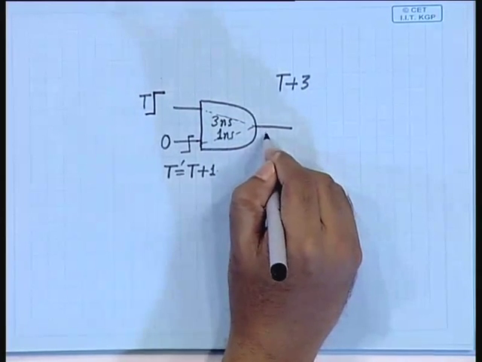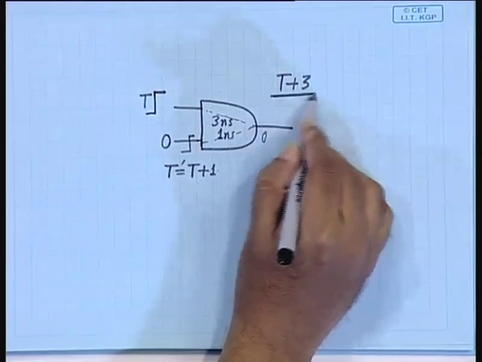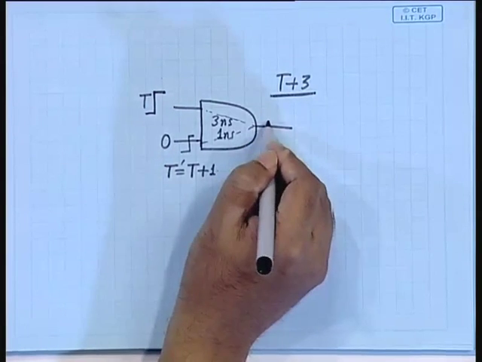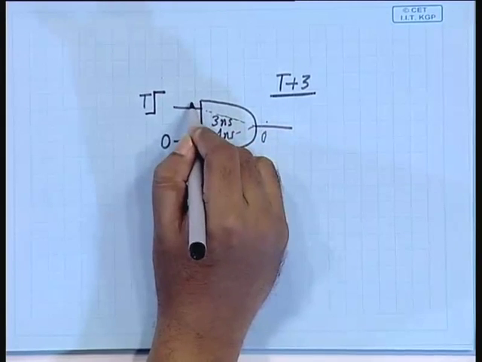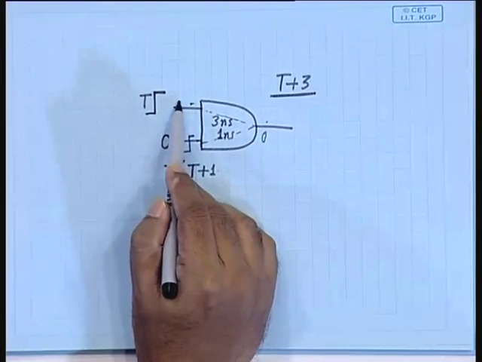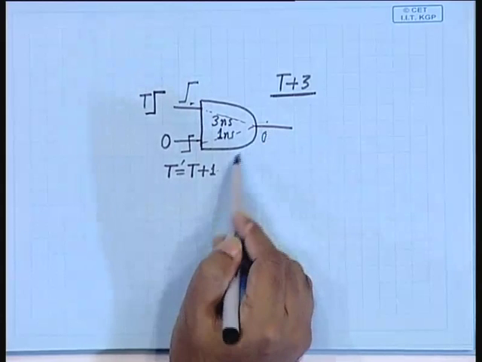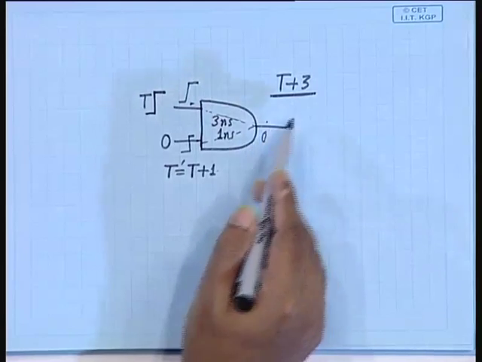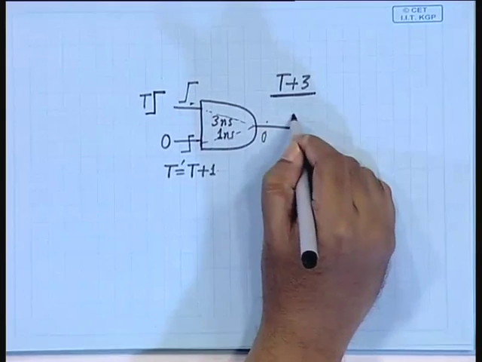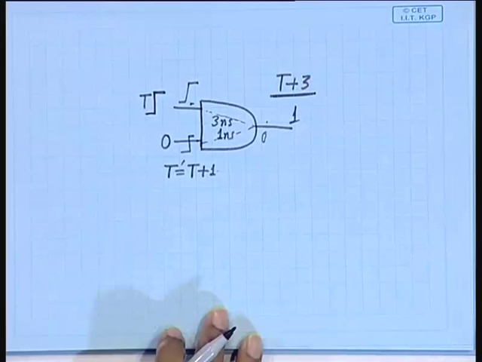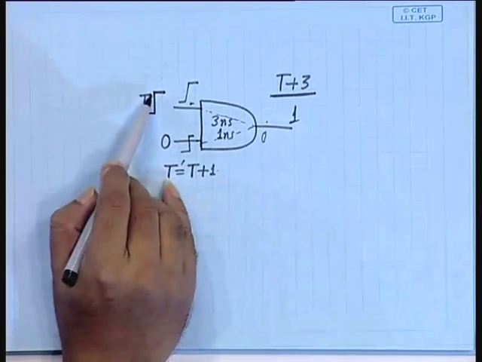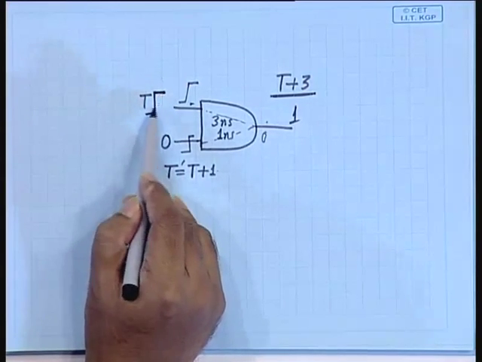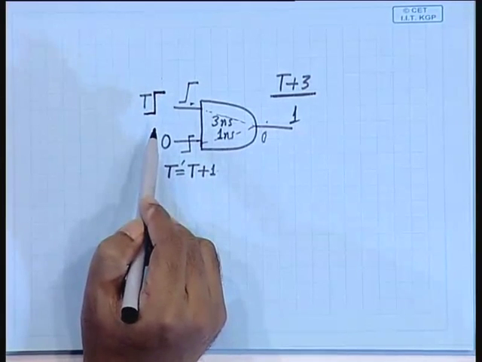So, the output will still show 0, but at time t plus 3, if we evaluate it, then the value of this 3 nanoseconds previously has risen here already, and this one has already risen 1 nanosecond previously. So, at t plus 3 if we evaluate this gate, we should get 1, right, and we will miss this if we had not scheduled the evaluation event when we updated this rise event, right.